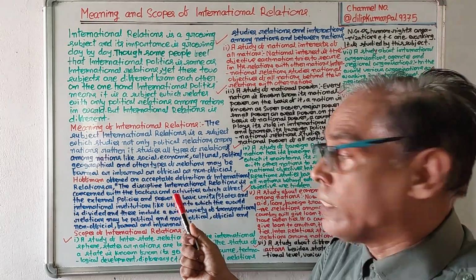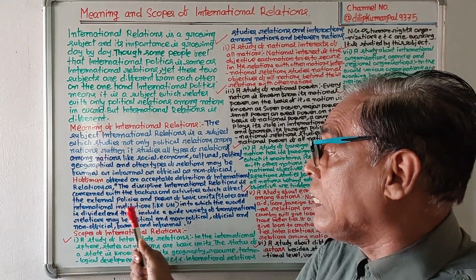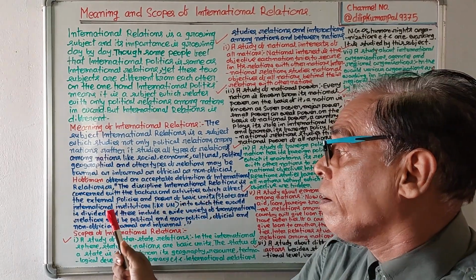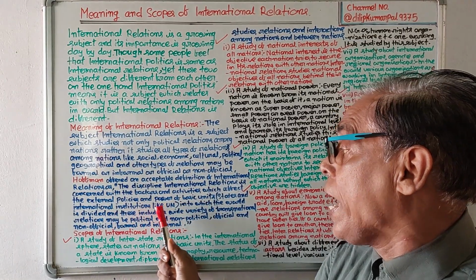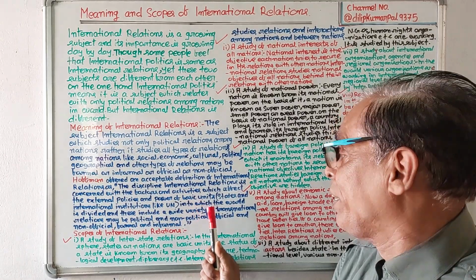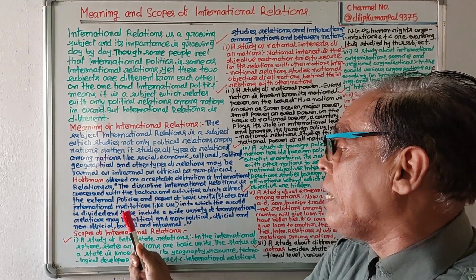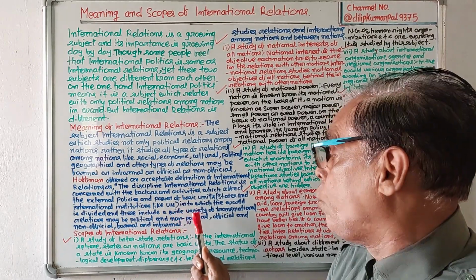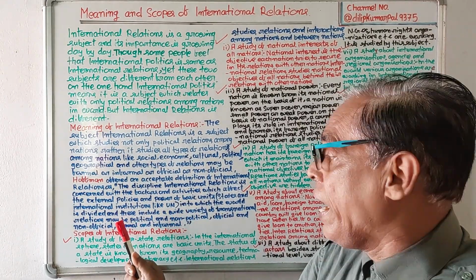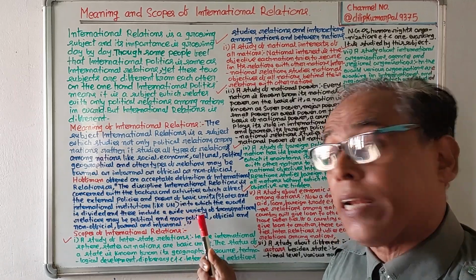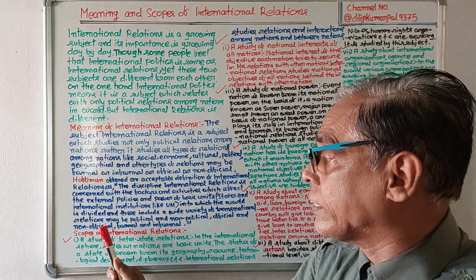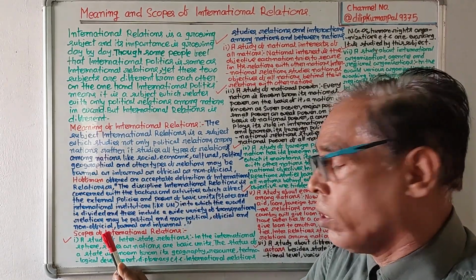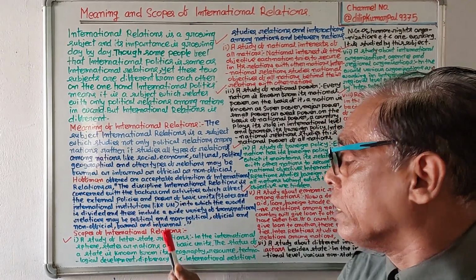The discipline is concerned with factors and activities which affect external policies and power of basic units, the state and international institutions like UN, into which the world is divided. And these include a wide variety of transnational relations, may be political or non-political, official or non-official, formal or informal.